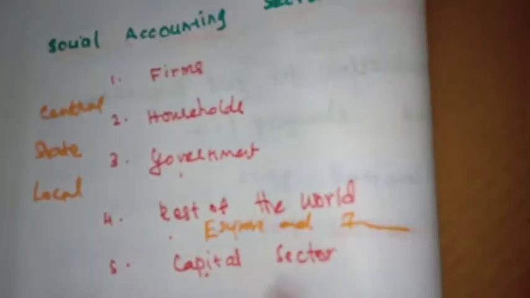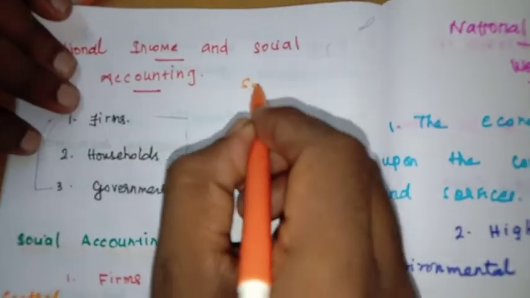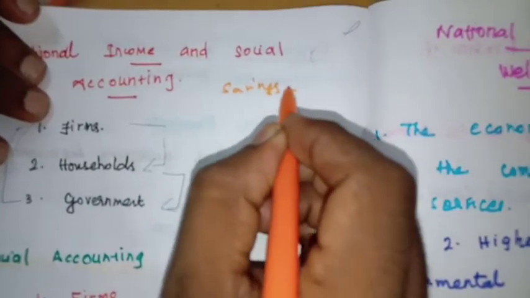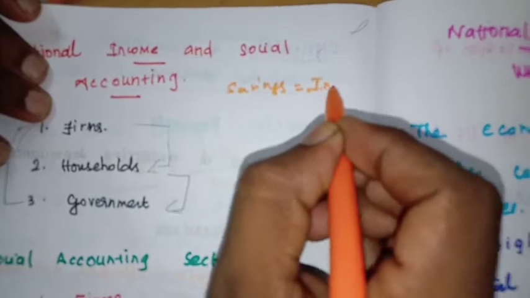So what do you mean by savings? Savings is equal to income minus expenditure. Income minus expenditure is known as savings. This capital sector refers to the saving and investment activities.